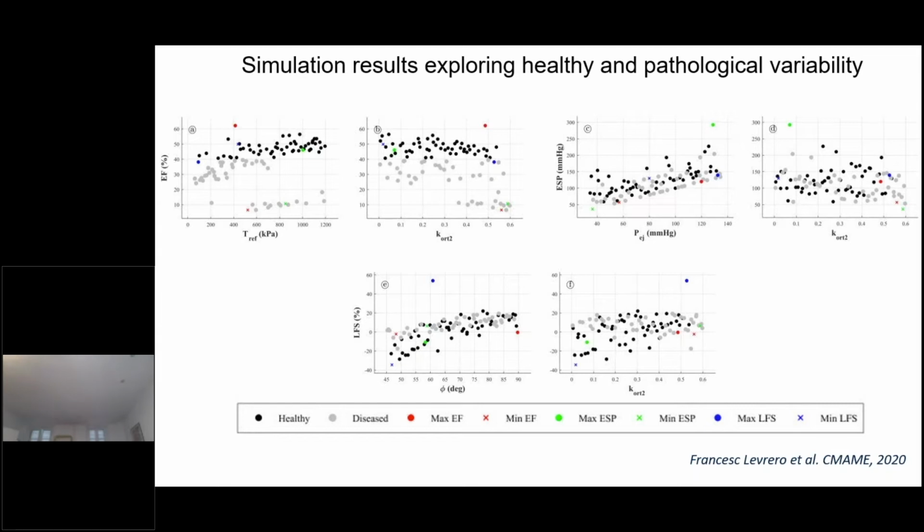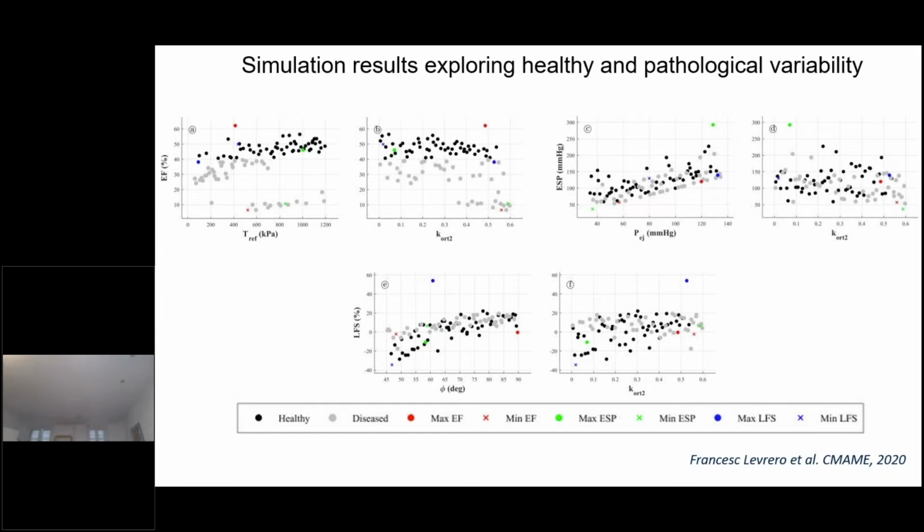Here there are comparisons in a number of parameters where we simulate clinical metrics such as ejection fraction. Ejection fraction is just a metric of what percentage of the volume of the left ventricle decreases between end diastole and end systole.